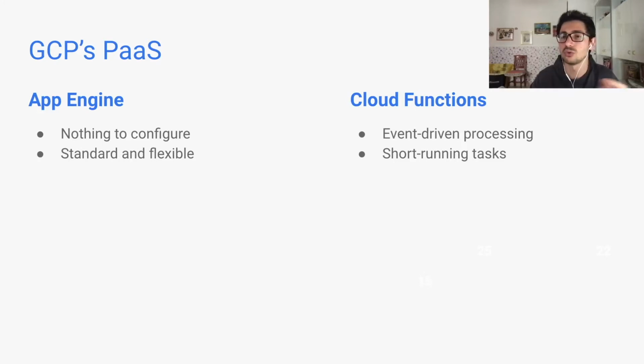But anyway, you need to do something in reply to this event. And yeah, most probably you're going to pay less than with App Engine, because basically your code will not need to run all the time, but just in response to these events. And yeah, I think that's it.